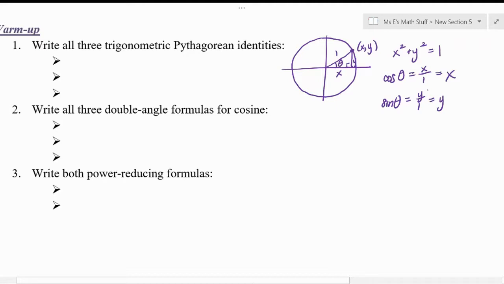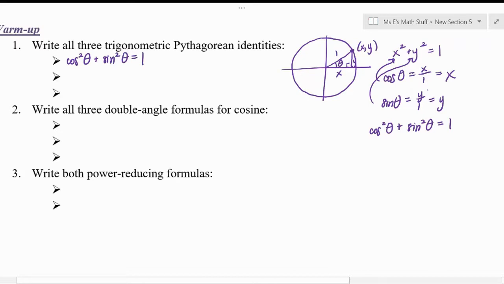So if you were to put this trig into that relationship between x and y, instead of x squared, you'd have cosine squared theta, and instead of y squared, you'd have sine squared theta, and that's always guaranteed to equal 1. So I'm just going to copy that in as the first of the Pythagorean identities.